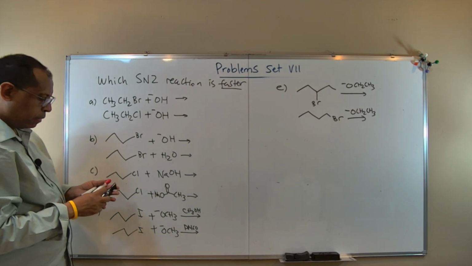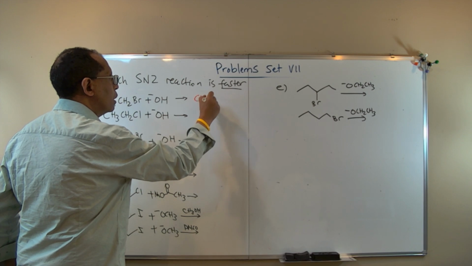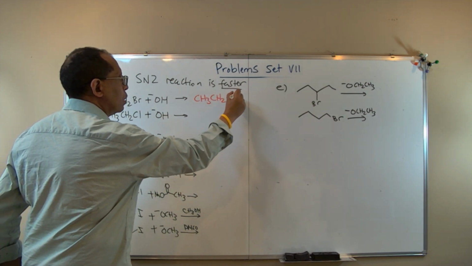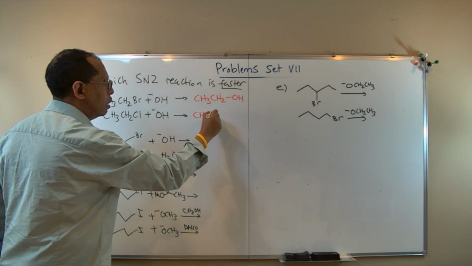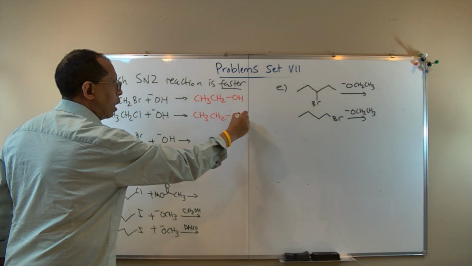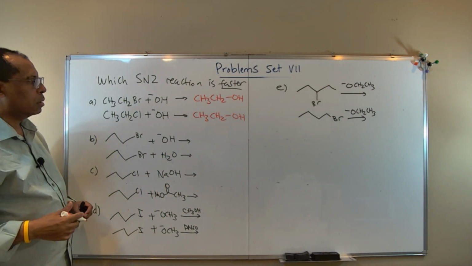First, let's just give the product. An alcohol is made, the halide is substituted, giving the same product.